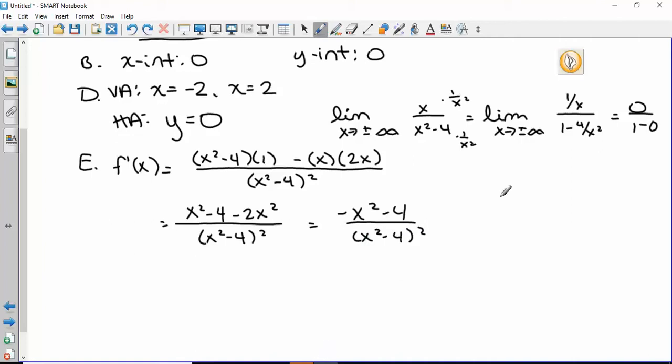So there's my derivative. We need the critical points. That's where this thing is 0 or undefined. If you set the top to 0, you get x squared equals negative 4. What kind of numbers is that giving me? Imaginary, so I don't need those. And we've already found the bottom is 0 at plus and minus 2. So those are my only critical points.